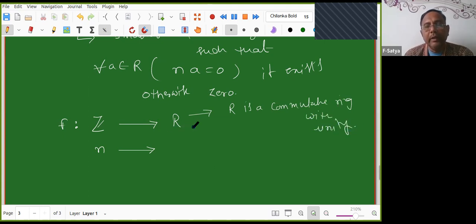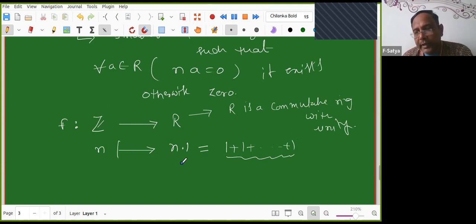Since I do not know which elements in R I can map to, but I am taking an integer and mapping it to n dot 1. But what does n dot 1 mean? n dot 1 means 1 plus 1 plus ..., n times, right? Remember this n is not an element of R. I cannot multiply by it, even though R is a ring with multiplication.